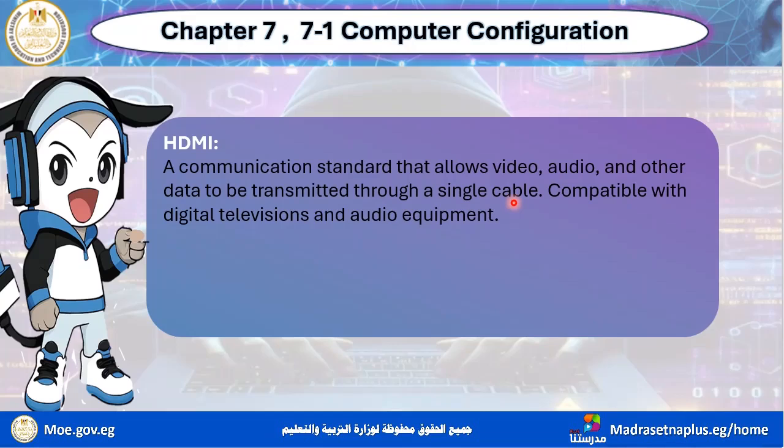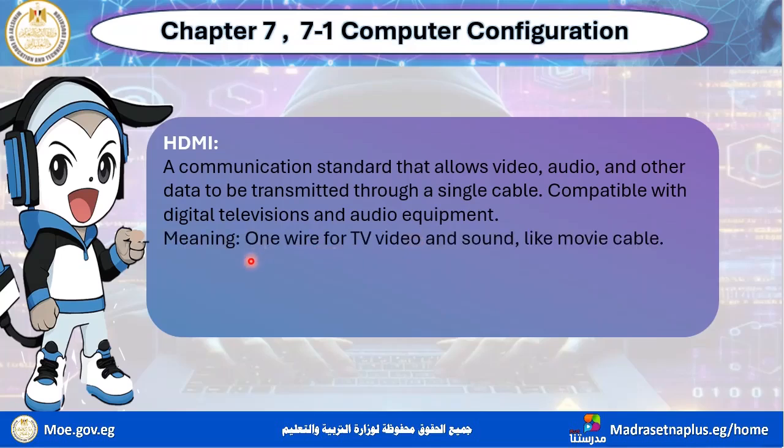So we can transmit things from a computer to a television, or from a television to a computer. And it's compatible with digital televisions and audio equipment. A simple explanation is one wire for TV videos and sound, like a movie cable.